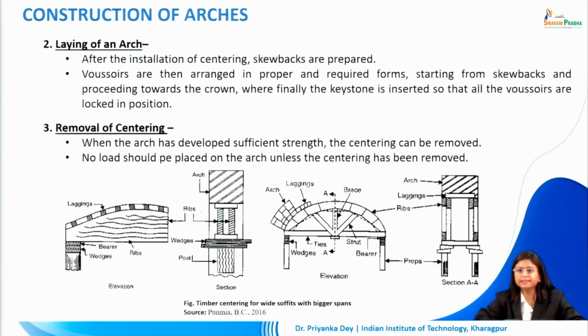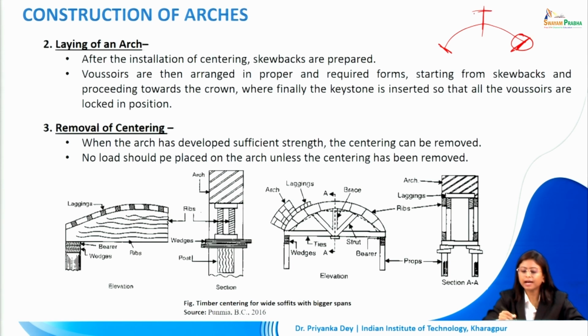Then comes the next step, which is the laying of an arch. After the installation of centering, skew backs are prepared. Those were the points at the edge of the arch. These are the skew backs. After the installation of centering and skew back preparation, the voussoirs are arranged in the proper and required form. We will start from the skew back, that is from this point, and we will gradually move towards the crown.